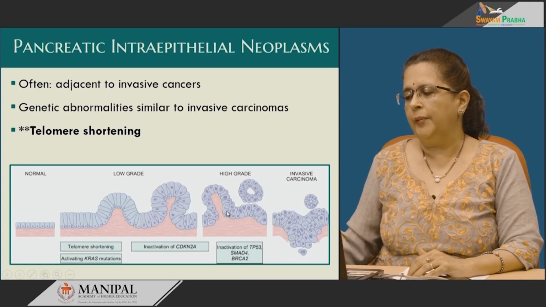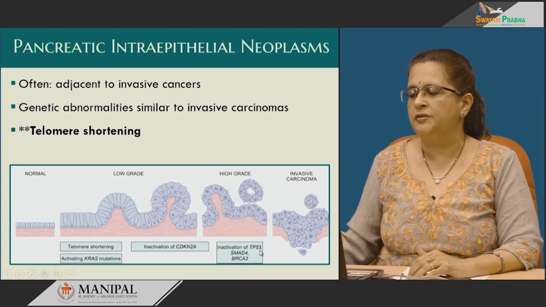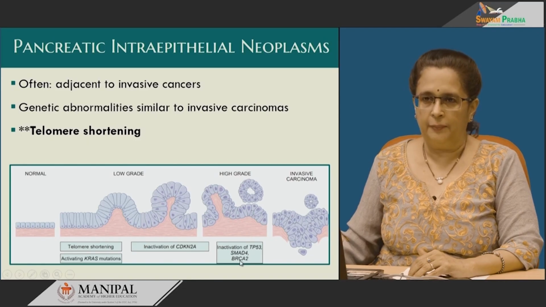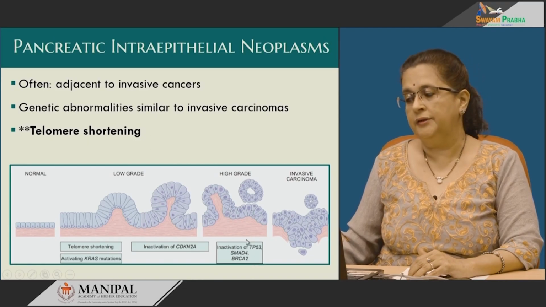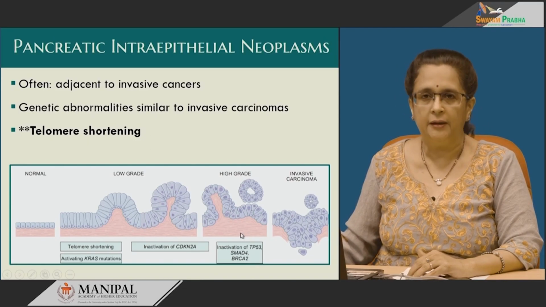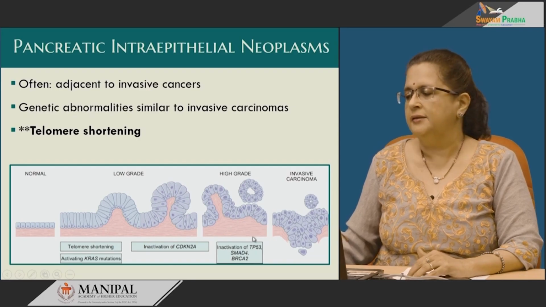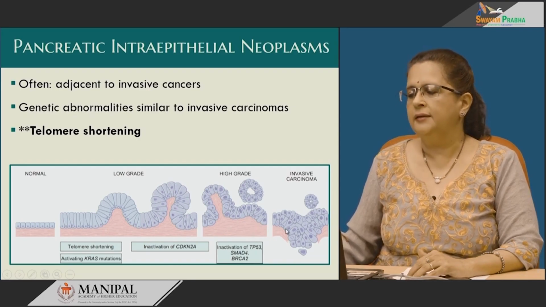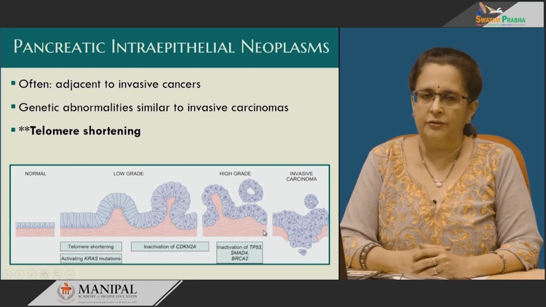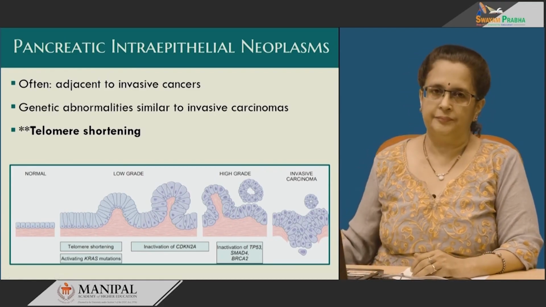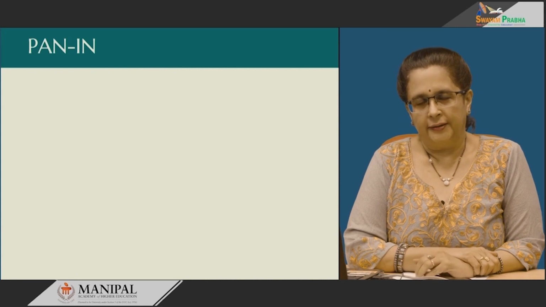Now, high grade PanIN, there will be mutations of TP53, SMAD4 and BRCA2, either mutations or deletions. Basically, there will be abnormalities in these genes, and as a result of that, the high grade PanIN will proceed to an invasive adenocarcinoma.